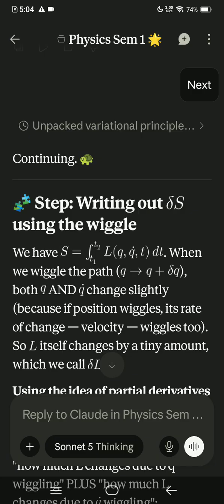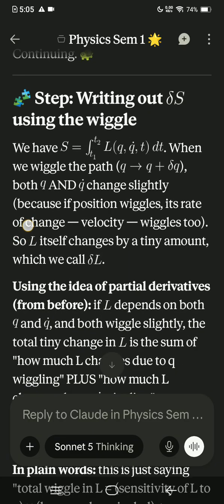So q is position, q dot is velocity, and t is time. When we wiggle the path, q turns into q plus del q. Both q and q dot change slightly because of position wiggles. Its rate of change, velocity, wiggles too. So L itself changes by a tiny amount, which we call del L.